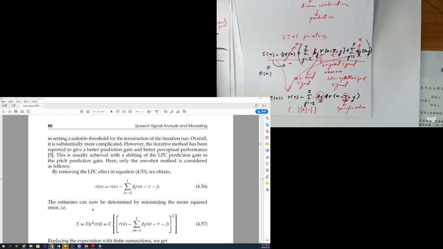You can see that if we remove the LPC coefficients, we subtract from the original signal, and it becomes alpha n. Now with alpha n, we try to subtract your long-term prediction.